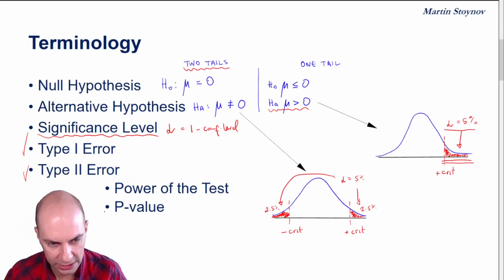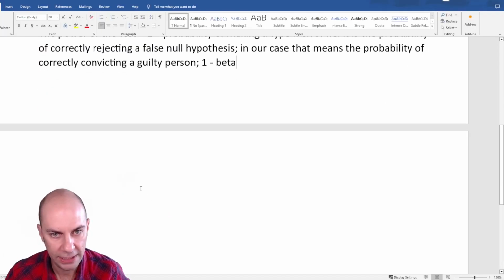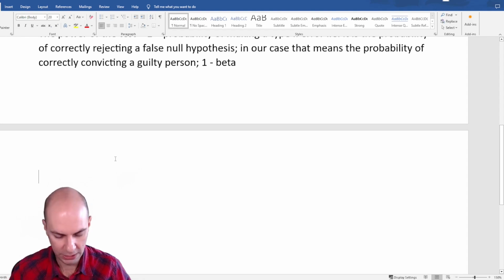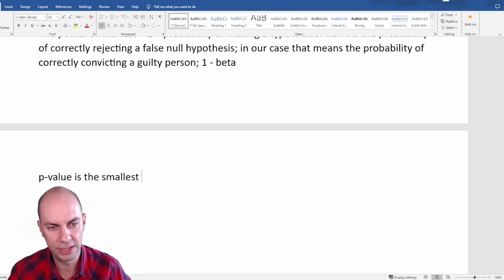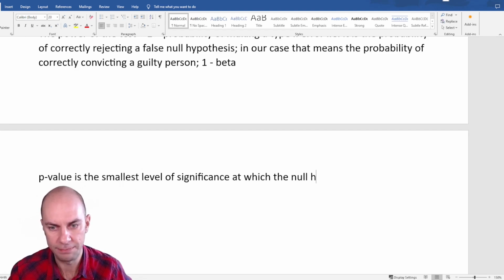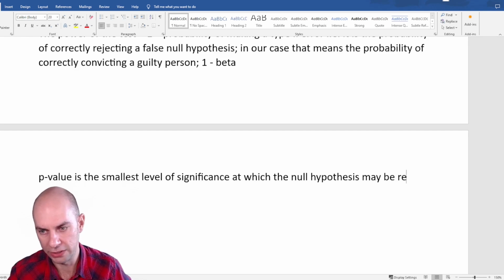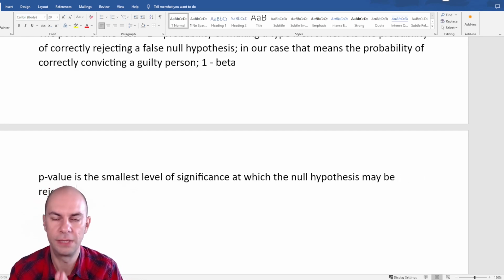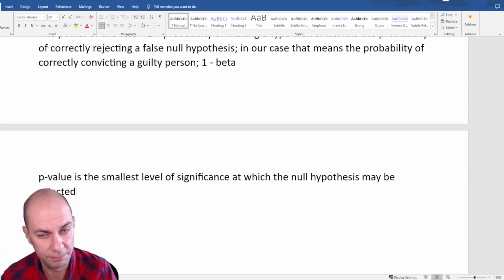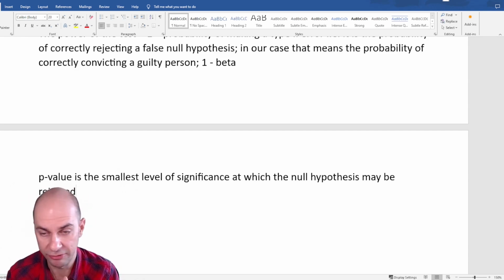And then lastly, we need to talk about p-values. So again, let's define p-values for you, my friends. So p-value is the smallest level of significance at which the null hypothesis may be rejected. Okay, so the smallest level of significance at which the null hypothesis may be rejected.